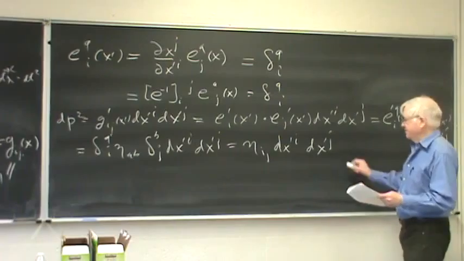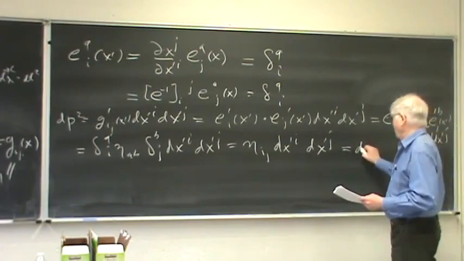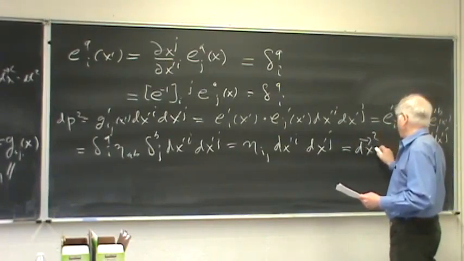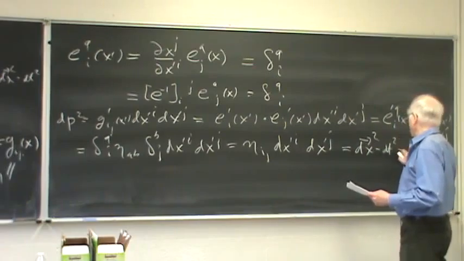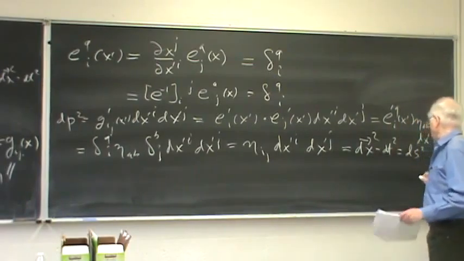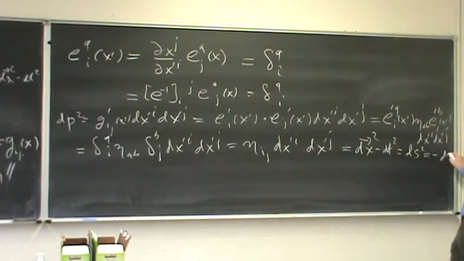Okay, and so this is what we call dx squared minus dt squared equals ds squared, and this is, by the way, minus the square of the proper time.